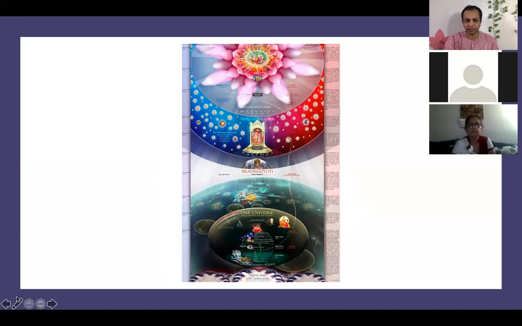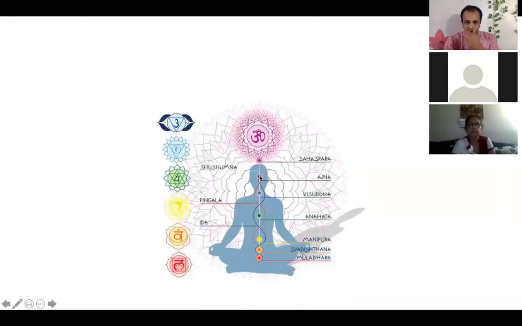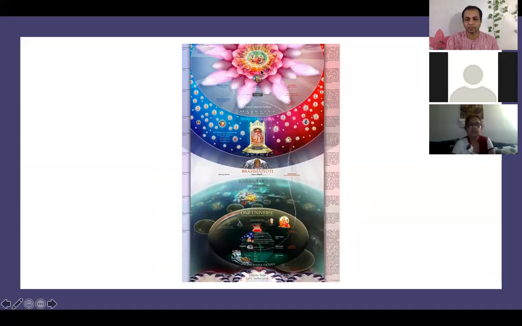So if you see this picture here, this is the 7 chakras we have, upper. There are upper 7 chakras and lower 7 chakras. So within us, these energy points also correspond to the 7 upper planetary systems.